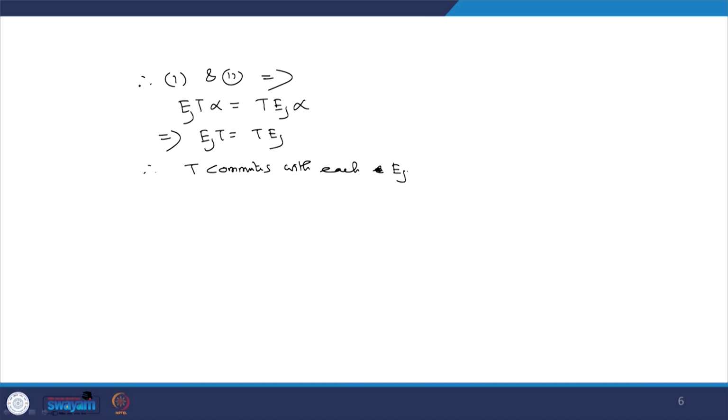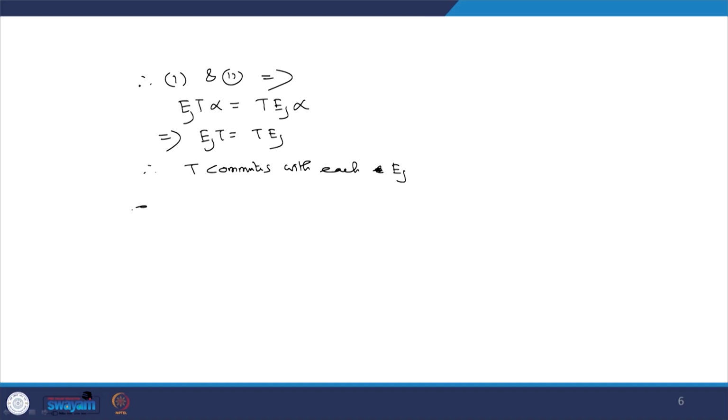Now, let us apply this concept to a very specific problem when the operator T has a diagonalization structure. I mean when T is diagonalizable, let me see what this theorem says, whether it is possible to have a simplified structure for this projection operator E_j or not.